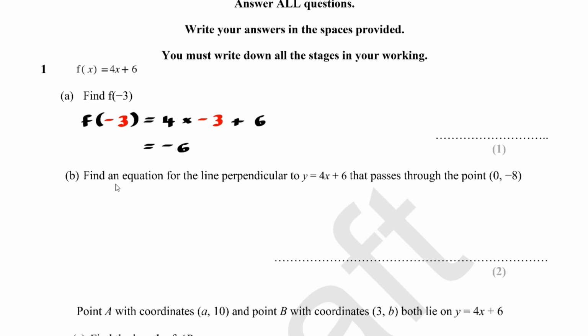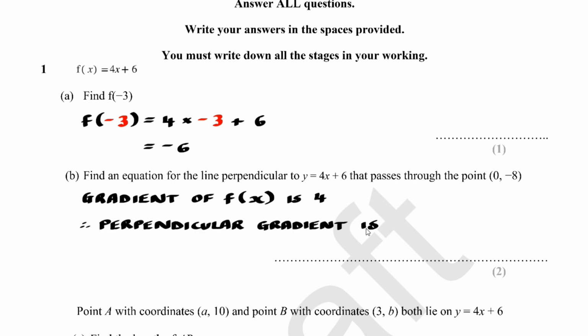Part B. Find an equation for the line perpendicular to y equals 4x plus 6 that passes through the point (0, -8). To begin with, the gradient of f of x is 4, which means the perpendicular gradient is the negative reciprocal of 4, which is negative 1/4.